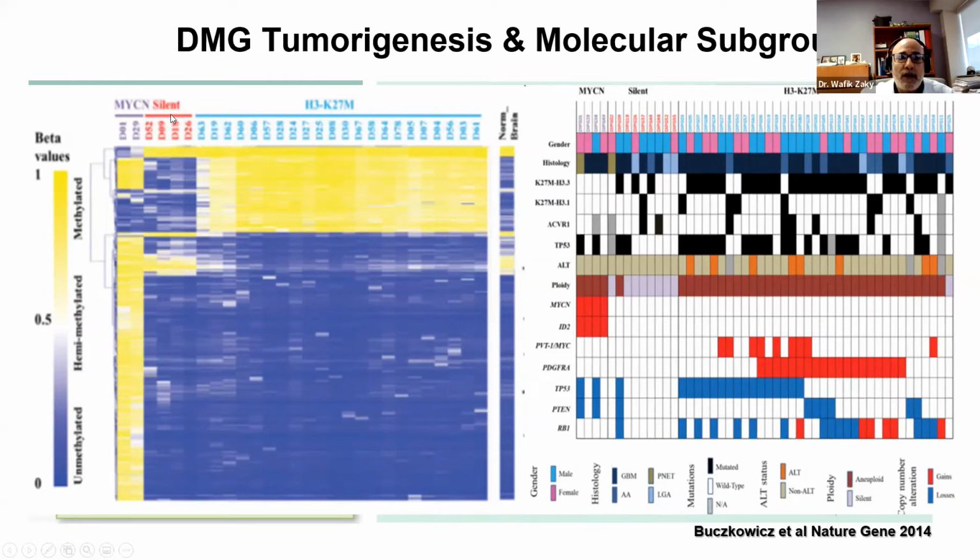There is no mutation identified. Each of these groups has its own molecular characteristics, but overall the outcome is still poor, with the majority succumbing to their disease in 9 to 12 months. Most of the long-term survivors of midline gliomas fall under the silent group, where there is no histone mutation or MYCN.